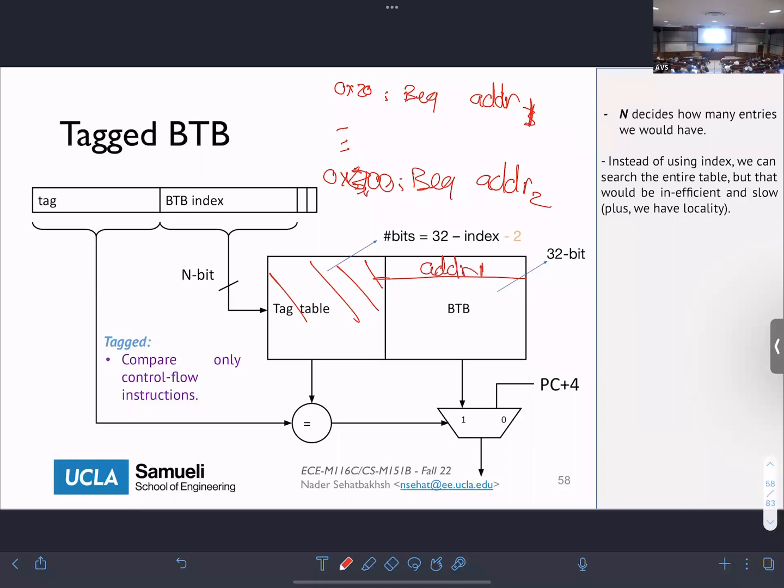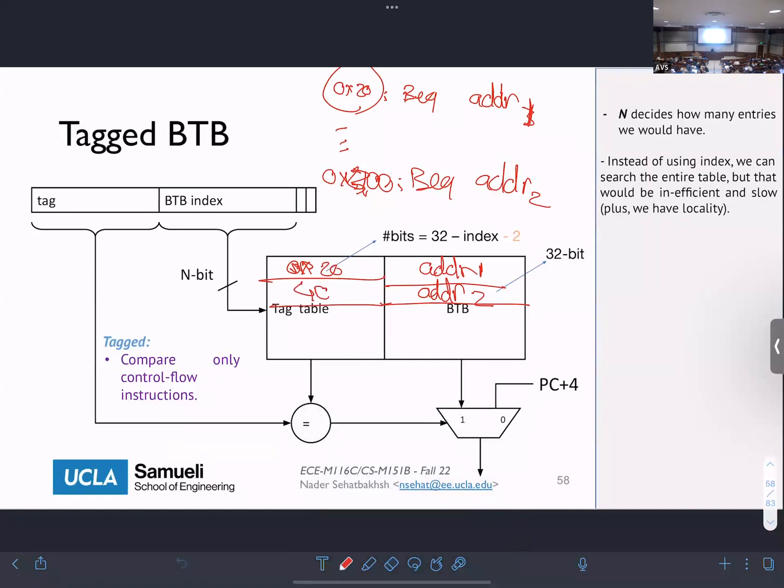So address 1 and address 2, but in addition I need to store these two values. So what I do is store 0x20, or 20 basically, and 400 here.